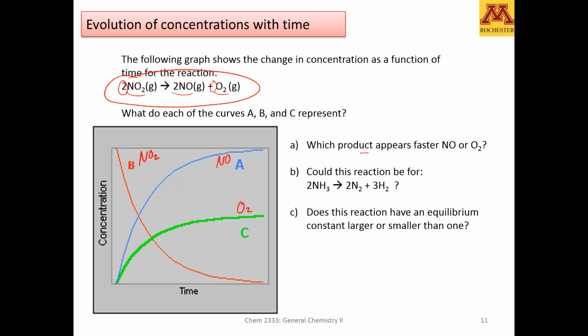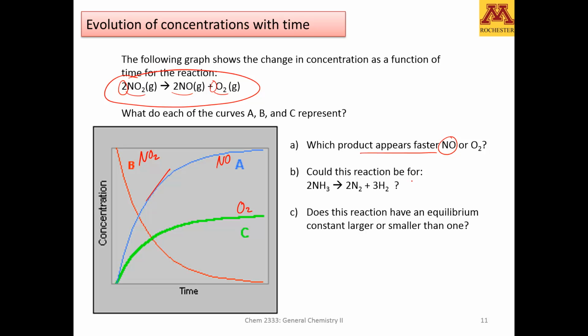So which molecule appears faster? The change of concentration with time will be larger for nitrogen monoxide. It changes faster. If you think of just the slope, and that's how we will define rate in our next video, the rate of appearance of nitrogen monoxide is higher than the rate of appearance of oxygen.